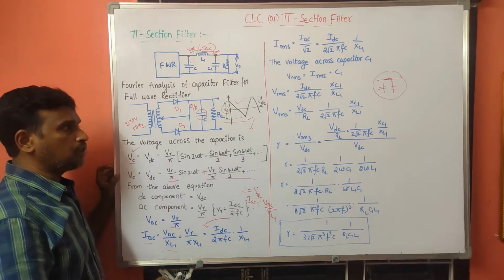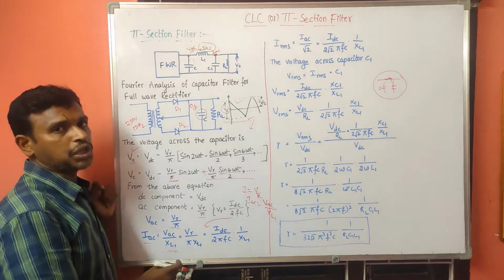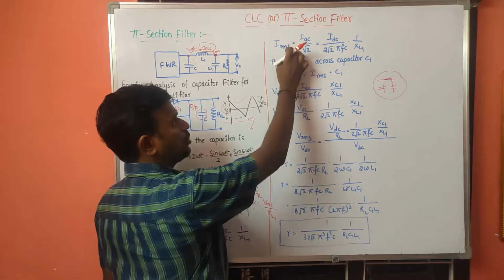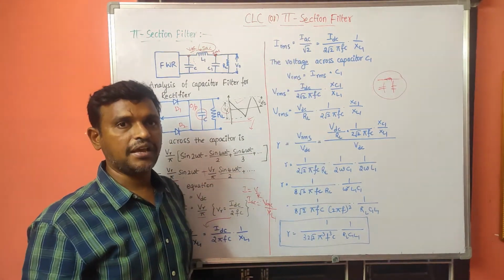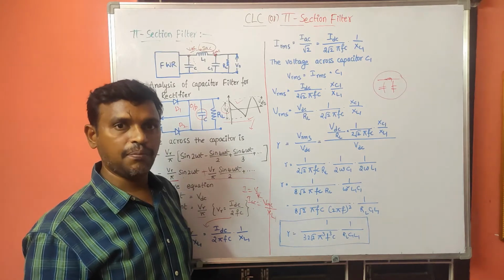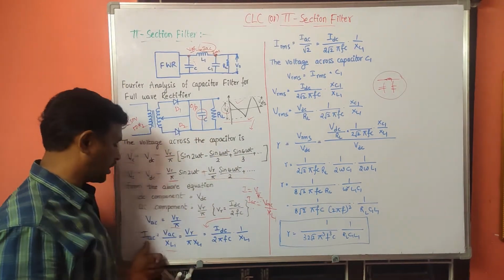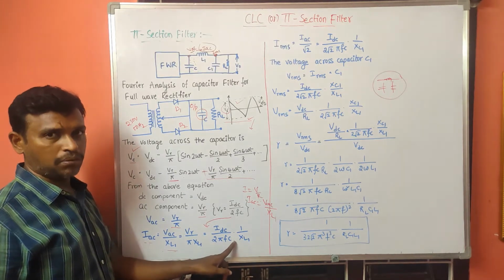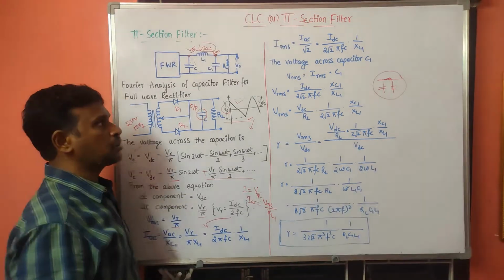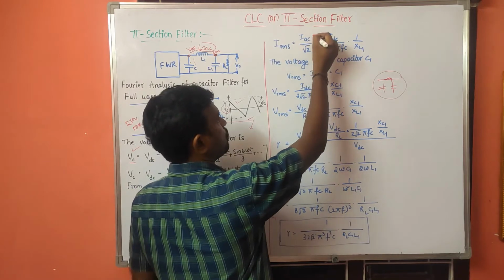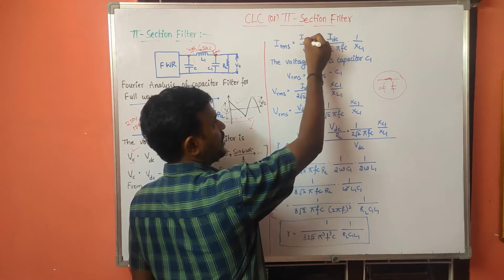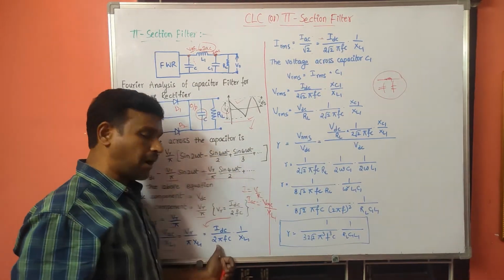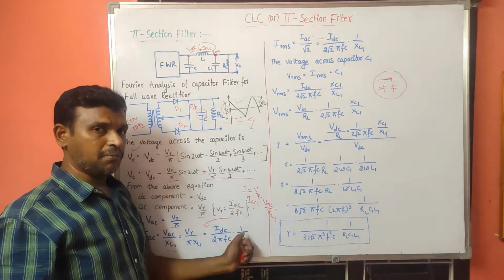Now if you know the IAC value, you can calculate the IRMS value. So IRMS, for a full wave rectifier, is IAC by root 2, or IM by root 2. Here we have calculated IAC as IDC by 2 pi FC multiplied with 1 by XL1.